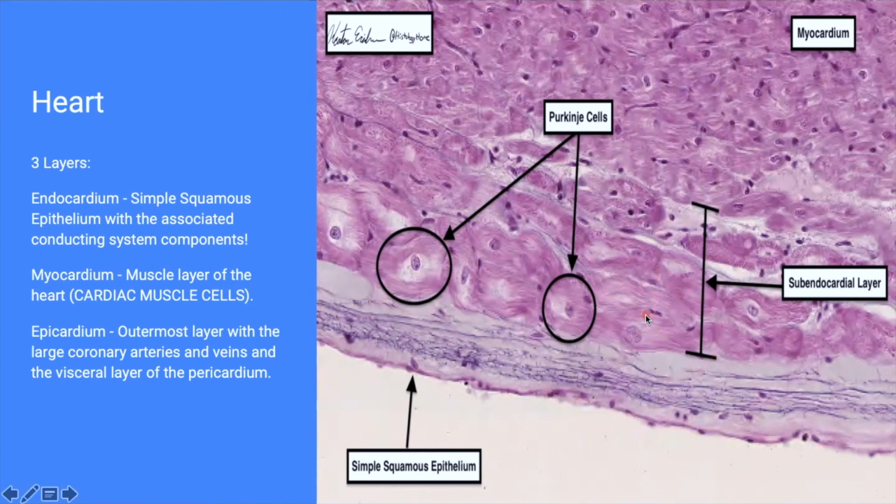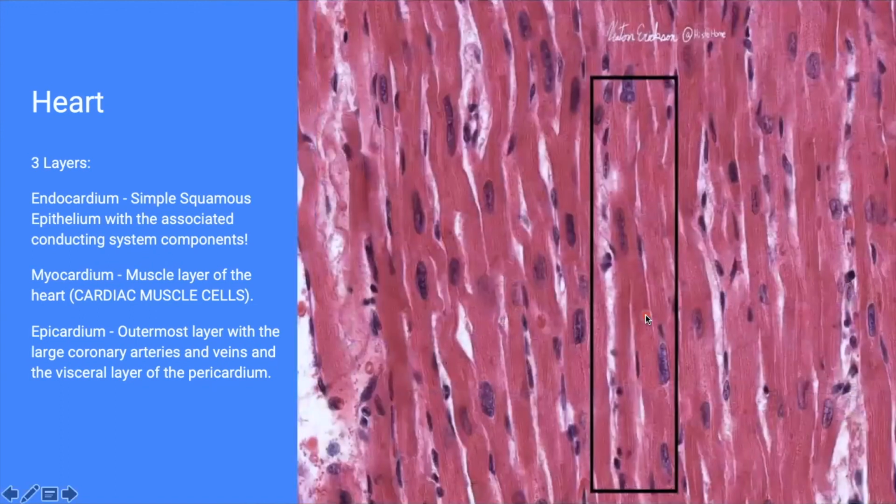All right, and then we'll move forward just a little bit to look at our myocardium, which is our next layer. To review, these are made up of cardiac myocytes, which appear a little bit different from skeletal muscle and smooth muscle. In cardiac myocytes, we are going to see cross striations. They appear as faint lines that run across each cell.